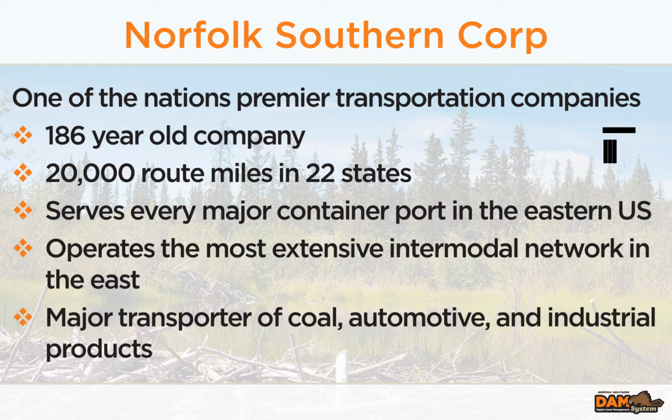Primarily on the northeast, east coast of the United States. We carry anything from cars to coal to commodities for products, anything that you have on the stores or anything like that we carry.